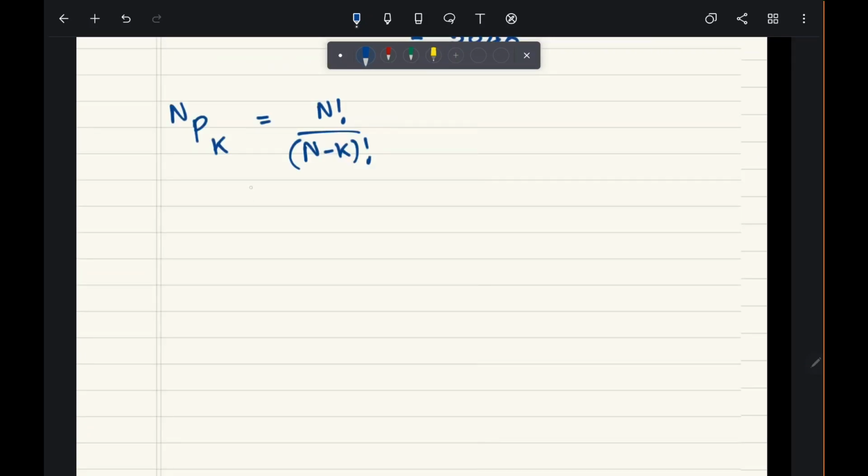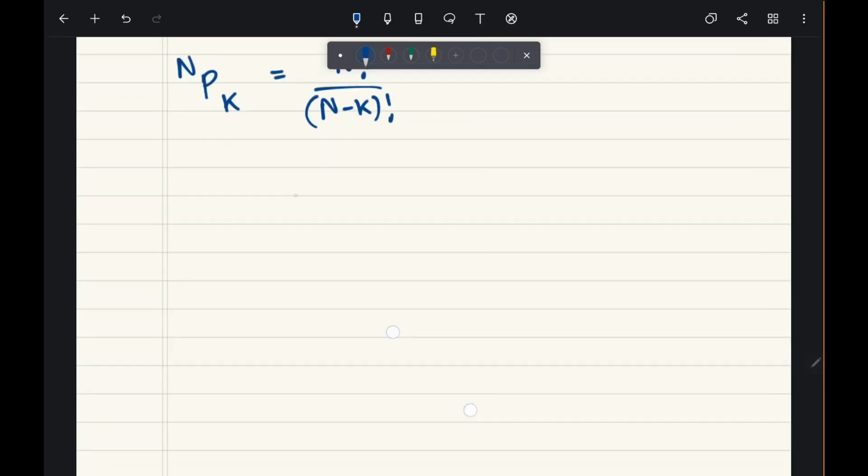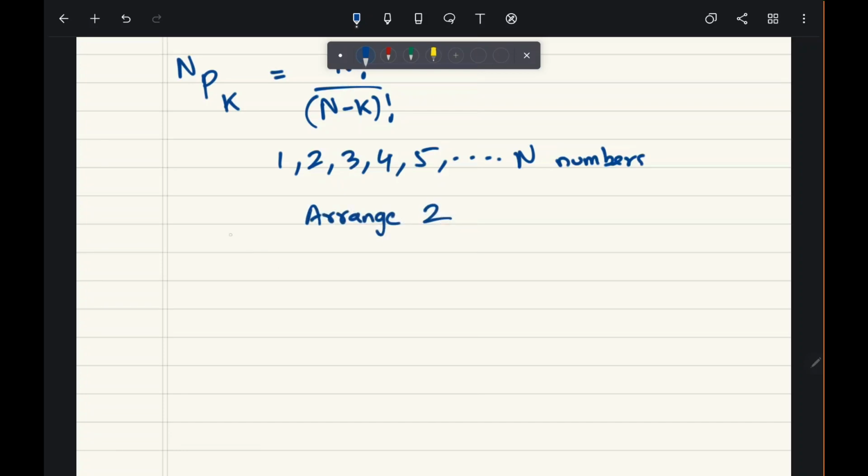So it's very easy to start with, let's say, two objects. For the objects, let's choose numbers for now because it's very easy to play around with those. So let's say you have 1, 2, 3, 4, 5, and up to n numbers, right? And for now, we arrange only two of them. So we have basically two choices.